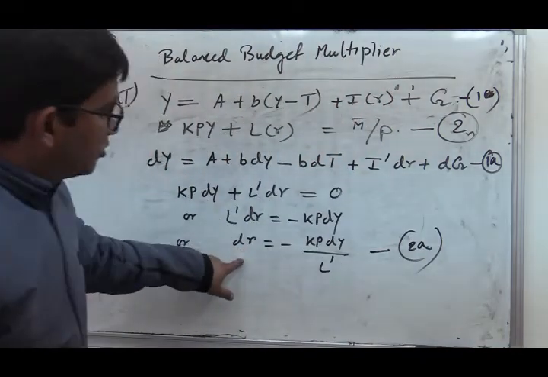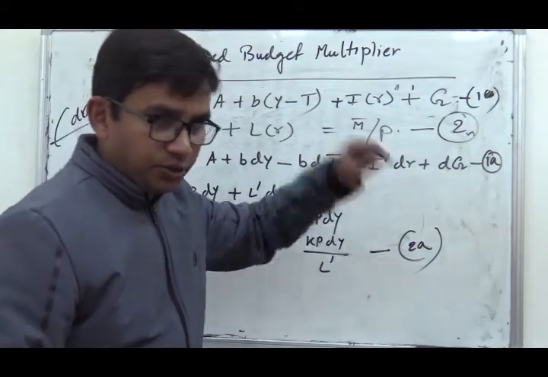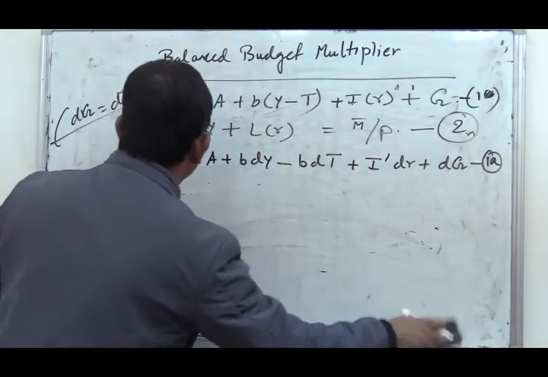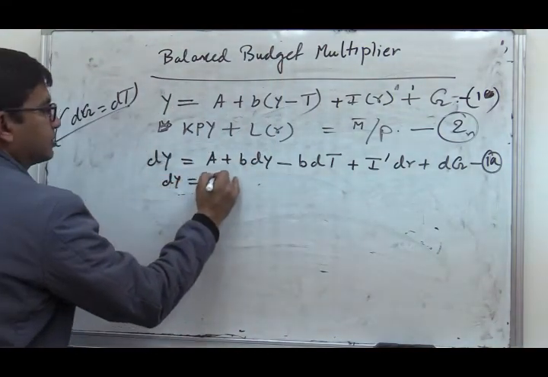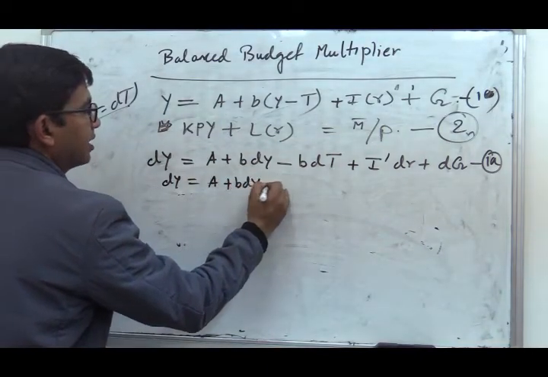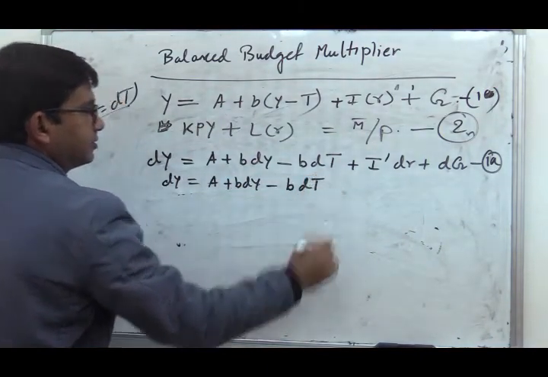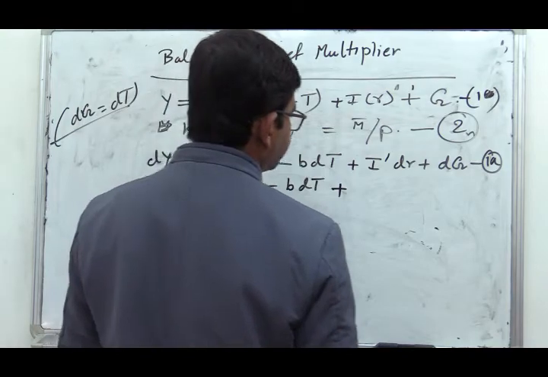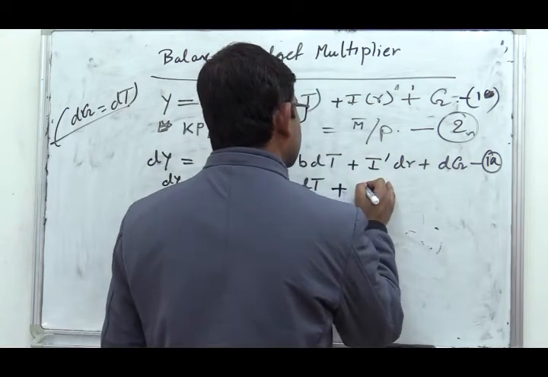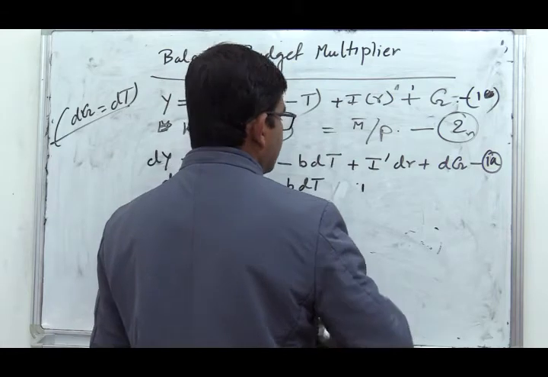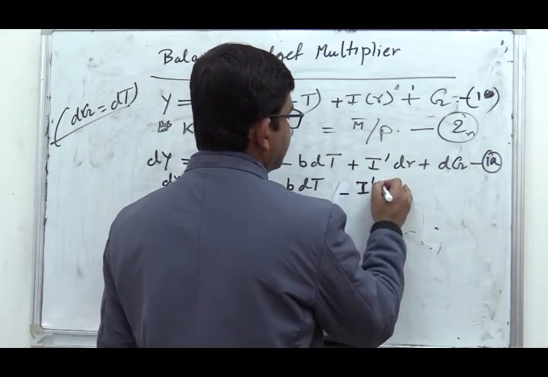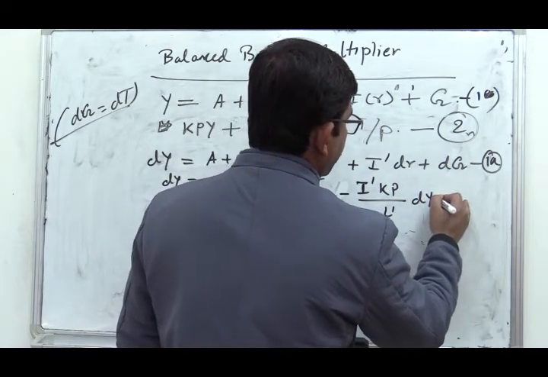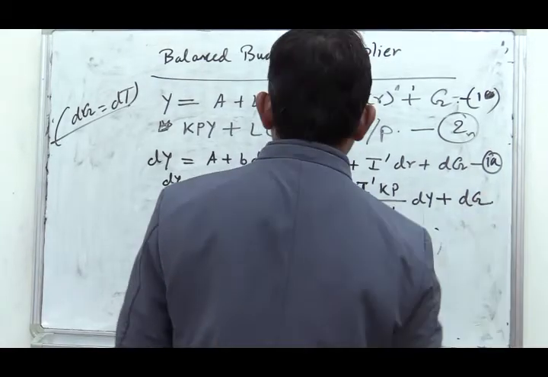Now we replace dr by equation 2a, and we get dY equals a plus b dY minus b into dT plus I dash into minus kP divided by L dash into dY plus dG.